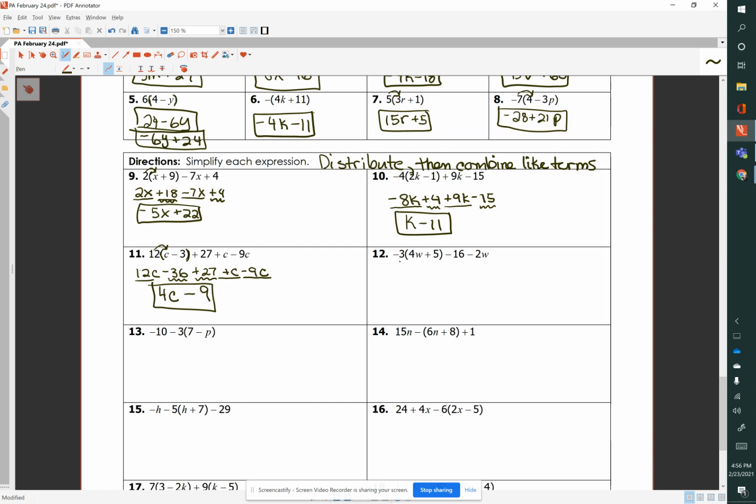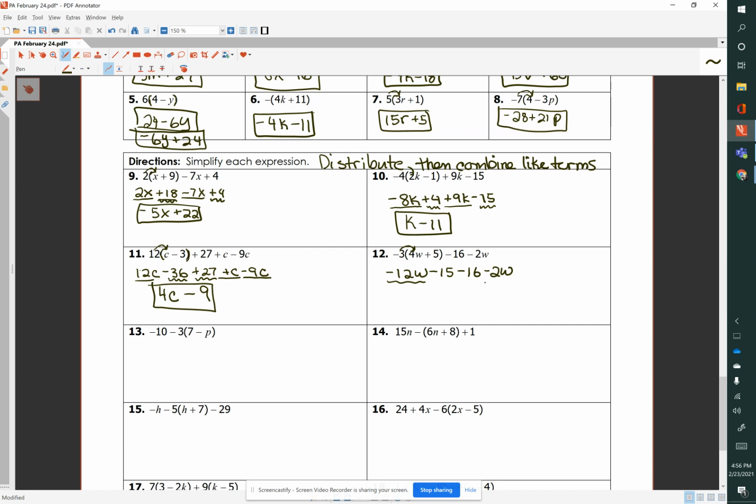Now we have number 12, negative 3 times the quantity of 4w plus 5 minus 16 minus 2w. Negative 3 times 4w is negative 12w. Negative 3 times positive 5 is negative 15. Then we have that minus 16 minus 2w.